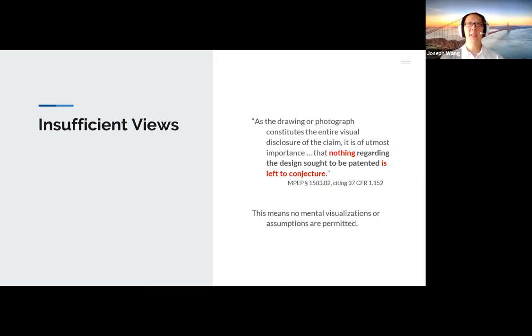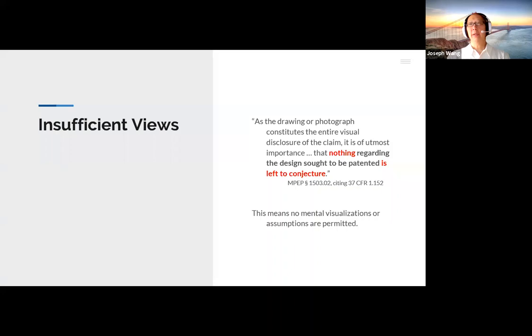Oftentimes, since designs don't use provisionals, a lot of first-filed designs are minimalistically filed, and of course that overlaps with the temptation to think that fewer details gives you a broader claim anyway. So out there in practice, it's not uncommon to see not just details omitted, but entire views omitted, right?